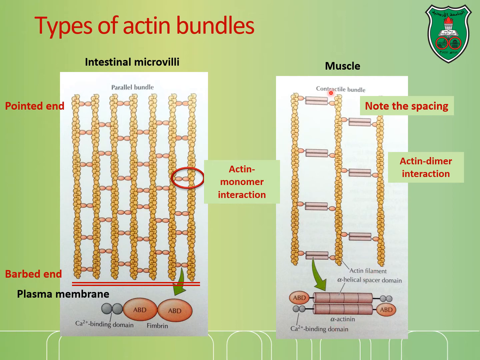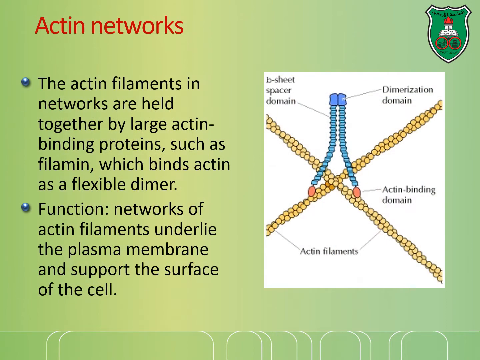Now this structure here, you can find it more in muscle cells, allowing the protein myosin to interact with the actin microfilaments, inducing or regulating contraction of muscle. Okay. So note how these different proteins can form different structures.